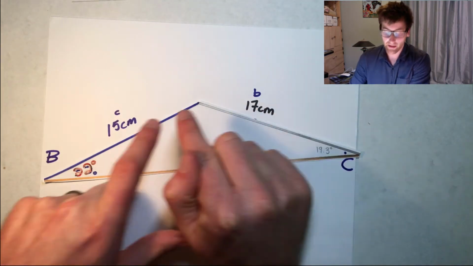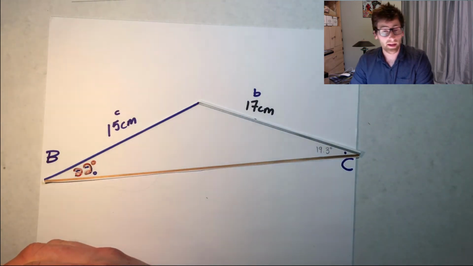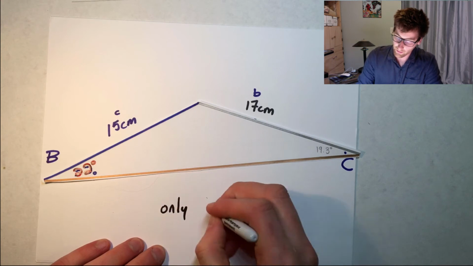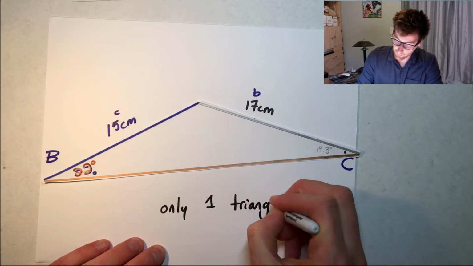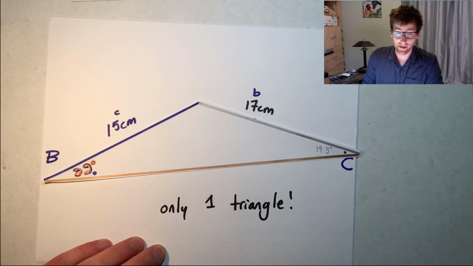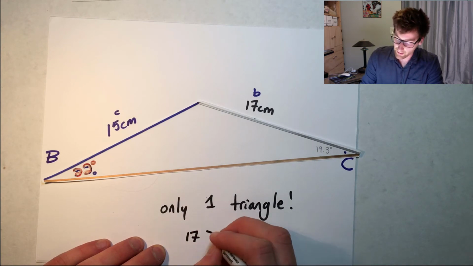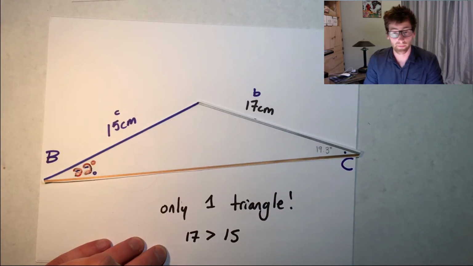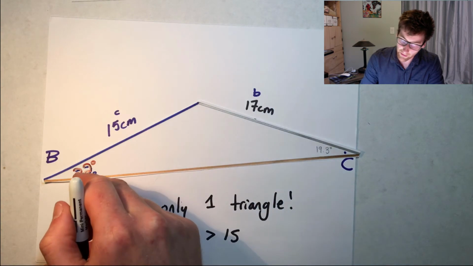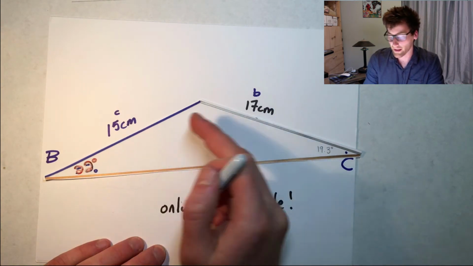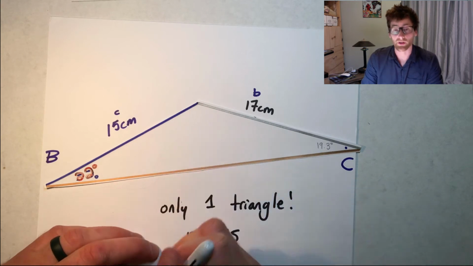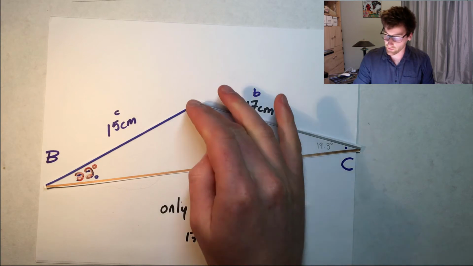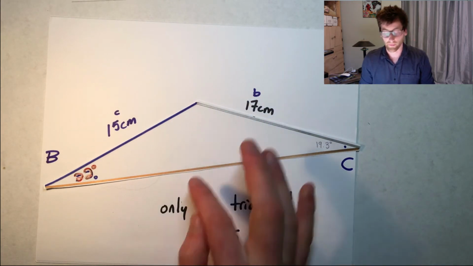Since this 17 is bigger than this 15, we know that we're going to have only one triangle. The reason is because 17 is bigger than 15, or this side, b, is bigger than c. So if you ever have the second side away from this angle, and it's bigger than the first one, you know you're going to have just one triangle. And it's at 19.3 degrees. We could solve the rest by using sine law here.